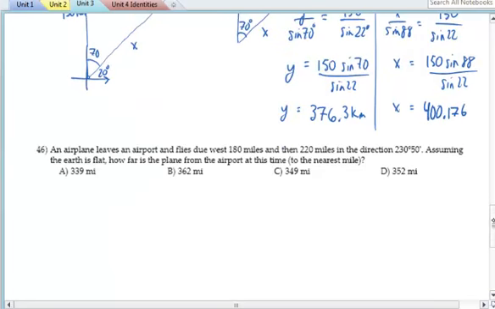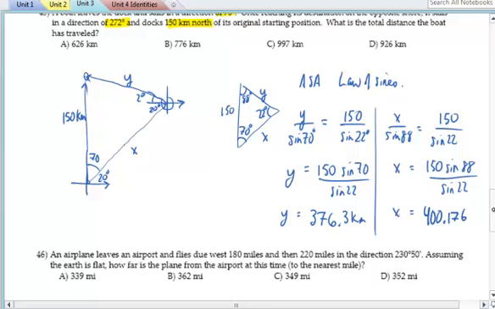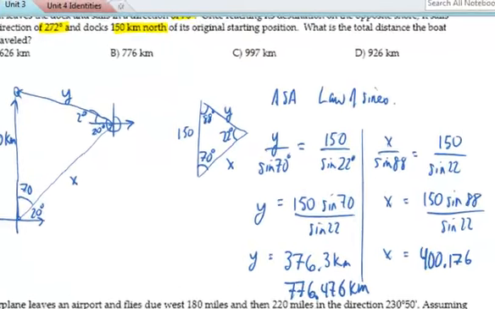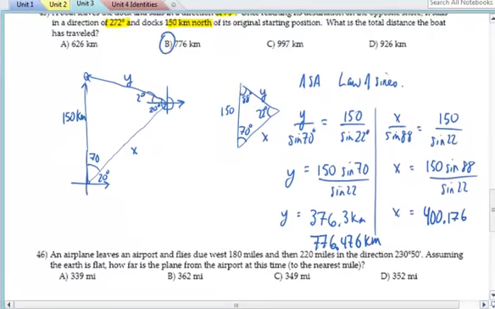So the problem just asked what's the total distance, so you would add up 400 and 376, so you'd have roughly 776.476 kilometers. And that would be choice B.